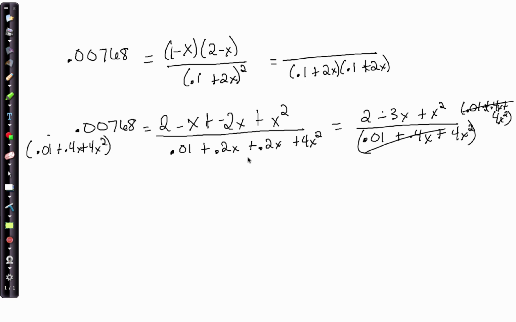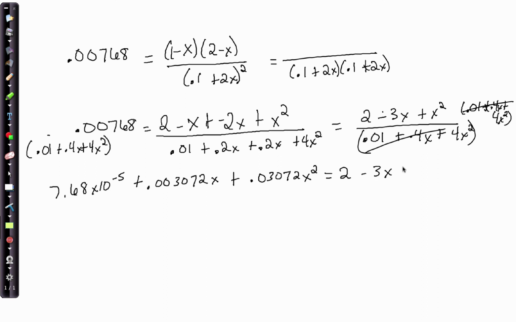So 0.00768 multiplied by this would give me 7.68 times 10 to the negative 5th plus 0.03072x plus 0.03072x squared. And that's equal to 2 minus 3x plus x squared.